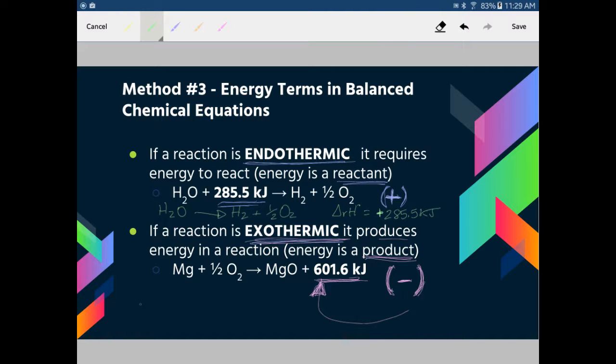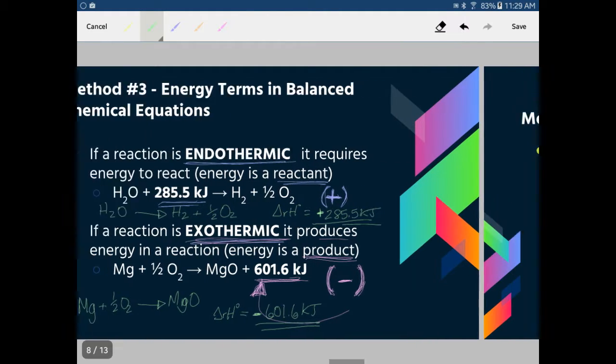And in this bottom reaction, I would see that Mg plus half of an oxygen, and my enthalpy of reaction for this is equal to negative 601.6 kilojoules. So be careful when you're going through and recording these values. We always write the absolute value, and again, the product notates that it's a negative, the reactant notates that it's a positive enthalpy value.